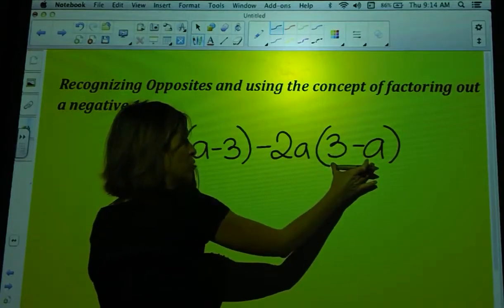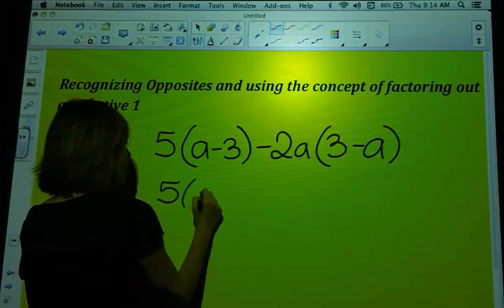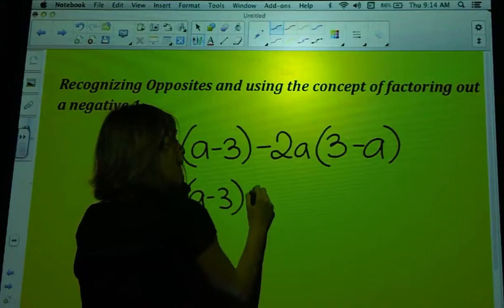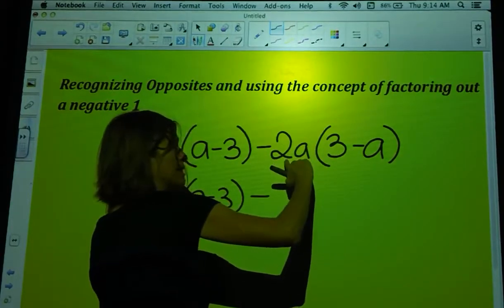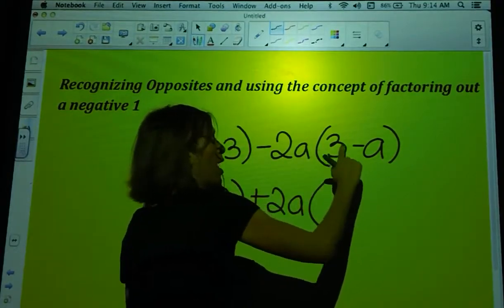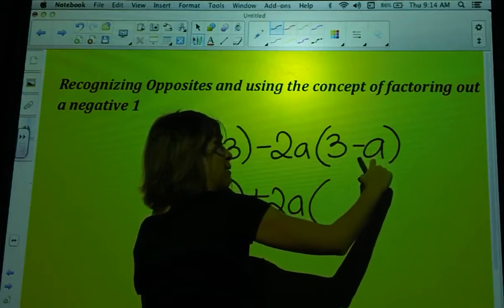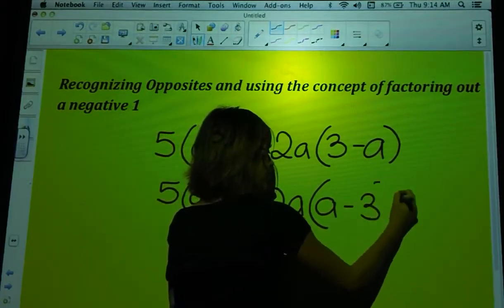So I'm going to pull out a negative 1. I rewrote as 5a minus 3. Now, when I pull out a negative 1, I have to multiply it to this guy, so it becomes plus 2a. And when I pull out a negative 1, that 3 becomes negative 3, and that a becomes positive a, which is this. So I just rewrote it.